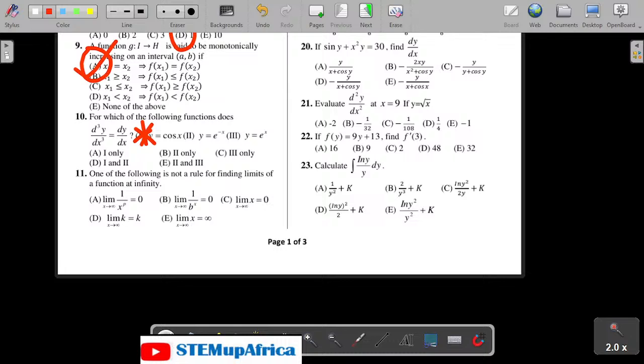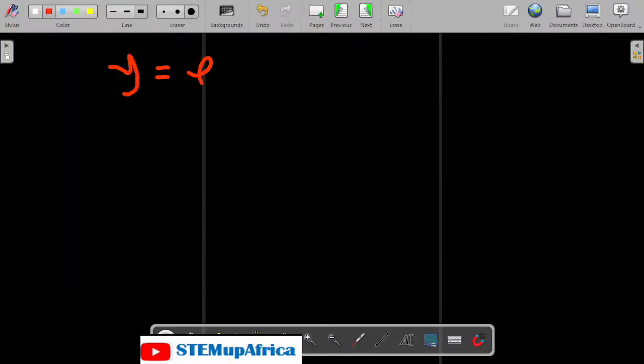So let's look at the second condition. You can ask questions if you have any area of interest. So let's look at Roman figure 2. This time y equals exponential minus x.